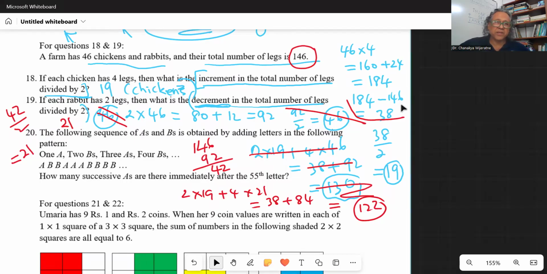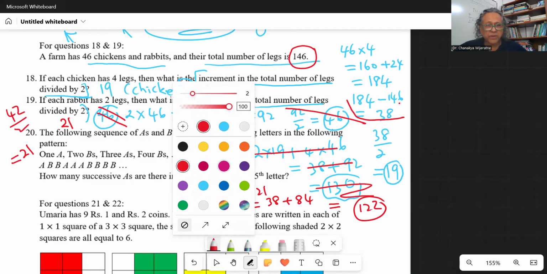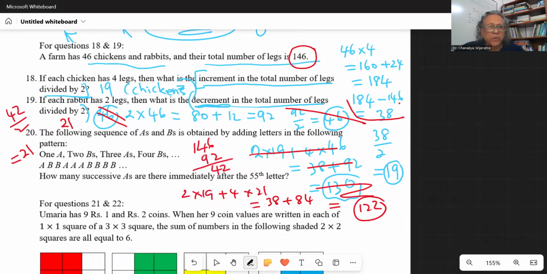Okay, I found the mistake. I'm terrible at arithmetic. So let me correct this. Let me get a new color, a yellow color. This subtraction is not correct.